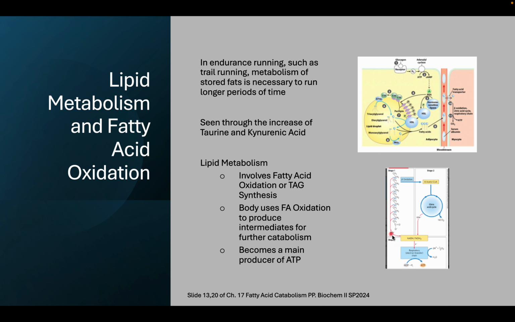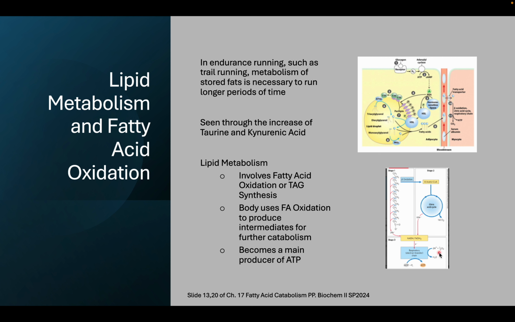These electron carriers can go straight to the electron transport chain, but acetyl-CoA will enter your TCA cycle, go through it, and you end up with even more electron carriers, such as NADH and FADH2. All these electron carriers end up going to the electron transport chain, where you make the bulk of your ATP.